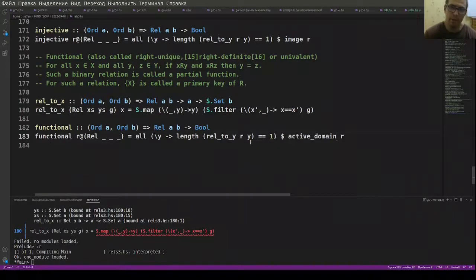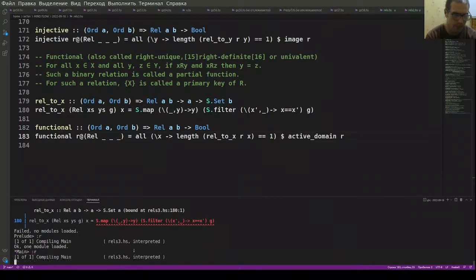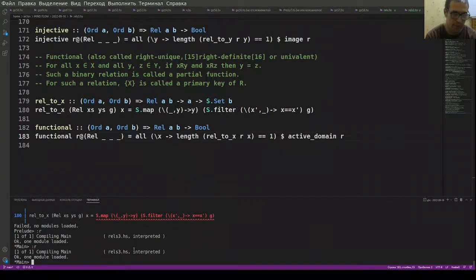We take the active domain, and then we take what is related to y, so this x. Okay, and we just filter. We just check that all x's have exactly one y. And that's done. Now we can try to check the functional relation.